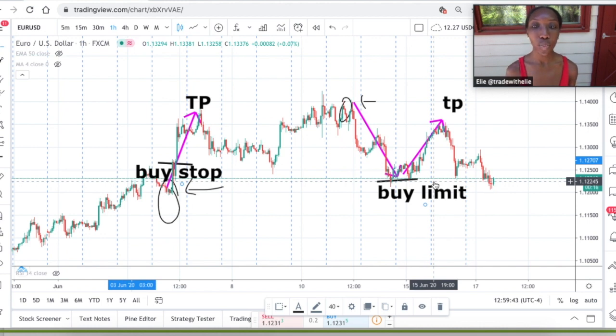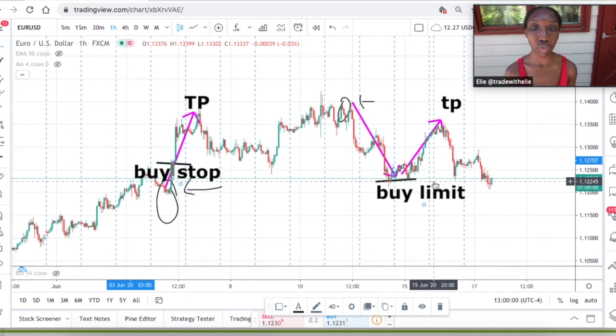So sometimes when you're putting in your entry price and it's not going in, but the coordinates are right, it's because price is not in a certain position compared to your order type. You might be putting a buy stop, but price is currently above and not below, and that's why your order is not going through. So you have to wait for that certain setup to happen in order to place it, or you have to change your order type.